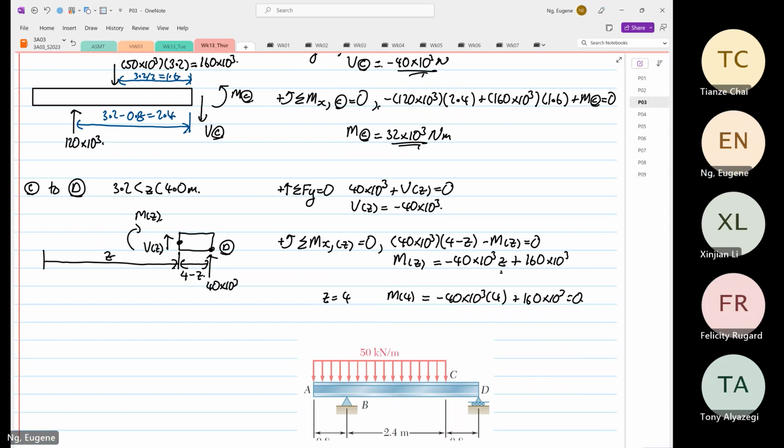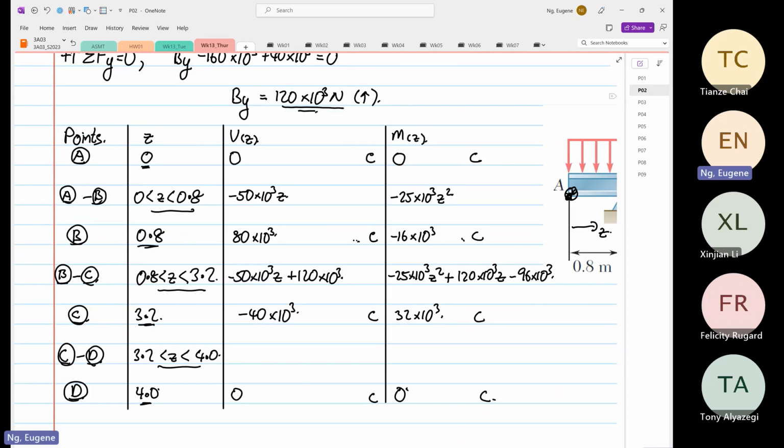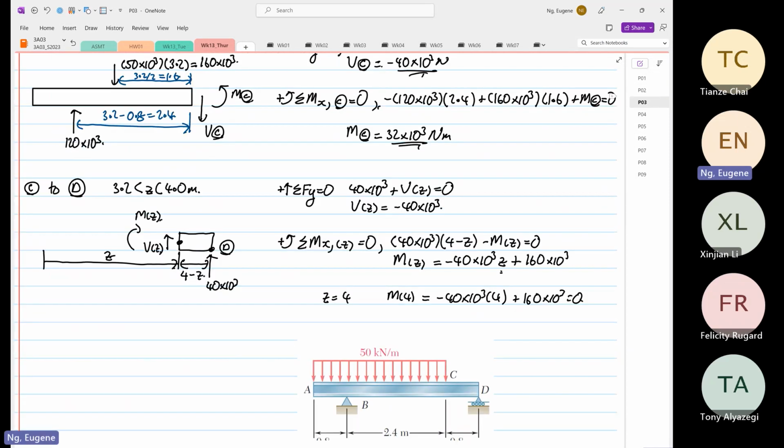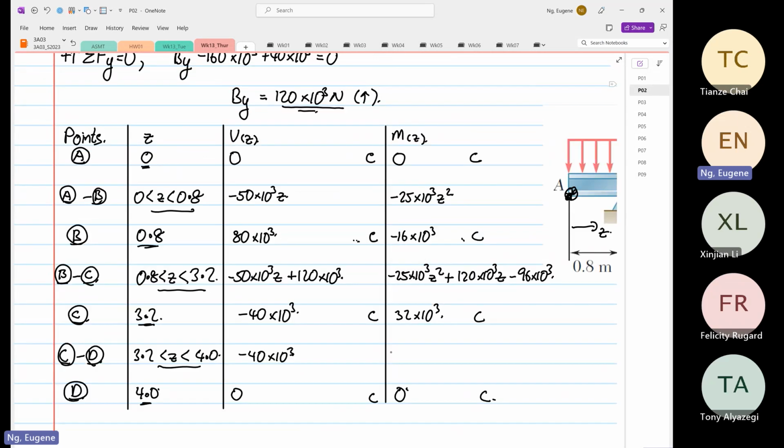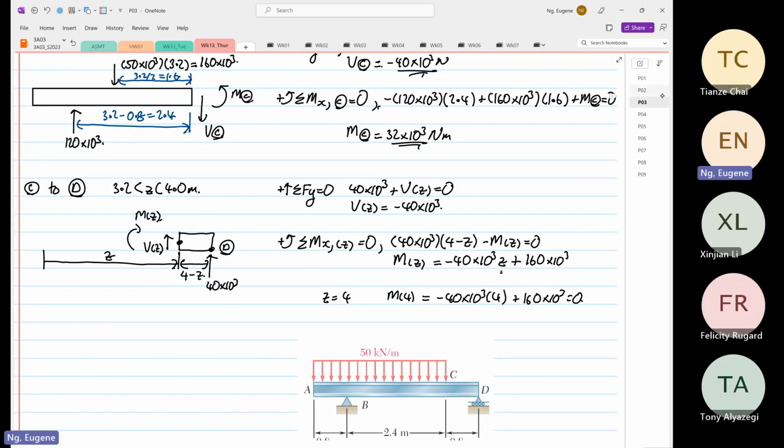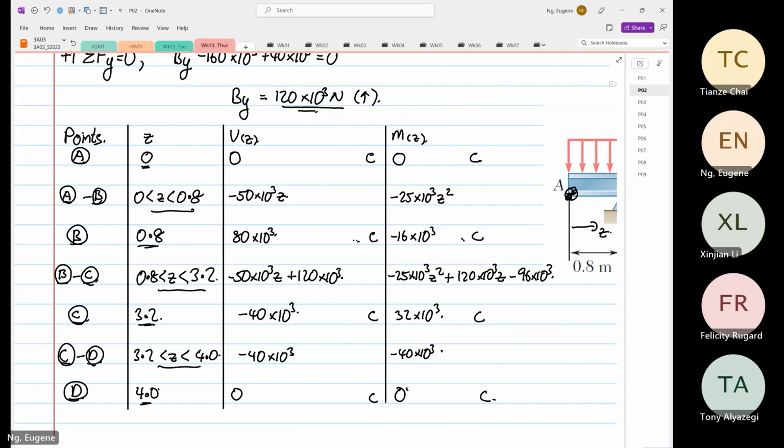Now we have formed all our, so this is still minus 40 times 10 to the power 3. And then we have minus 40 times 10 to the power 3, and then we have plus 160 times 10 to the power 3, z over here. Okay.